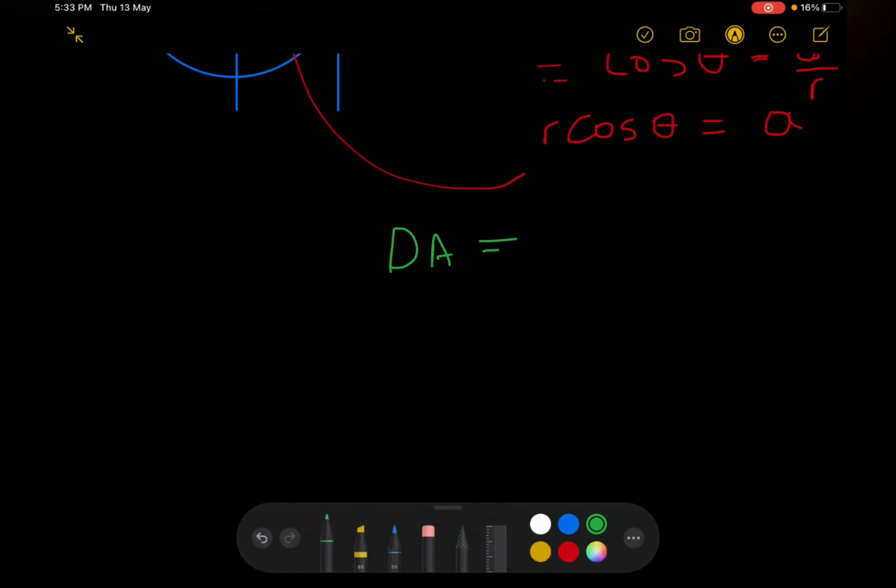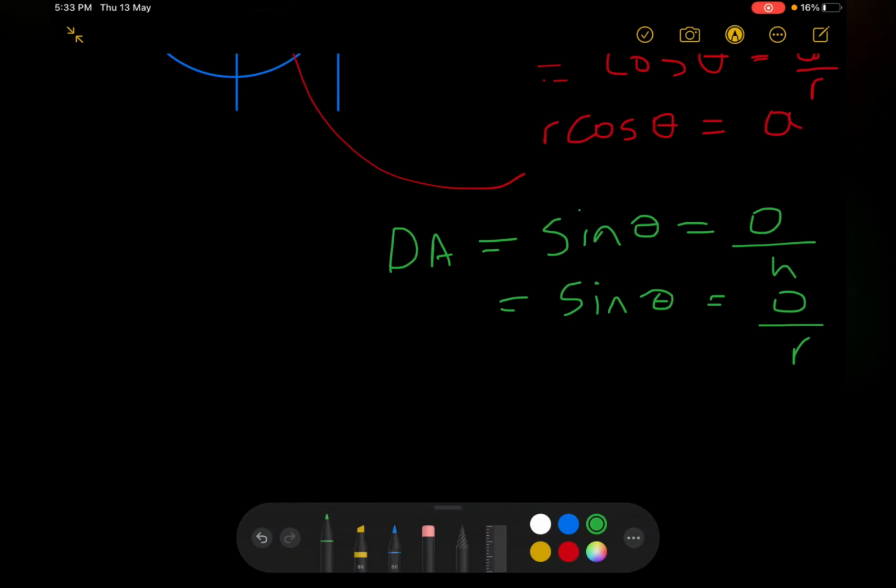So sine theta equals the opposite side over the hypotenuse, and as we see above, the hypotenuse is r. So sine theta equals the opposite side over r. And if we solve for the opposite side, we'd have r sine theta equals the opposite side. So now we have this.